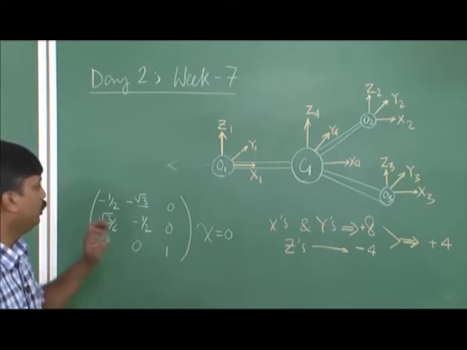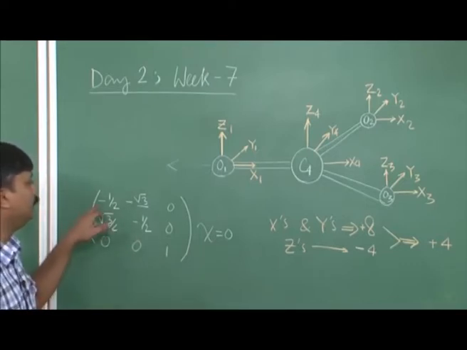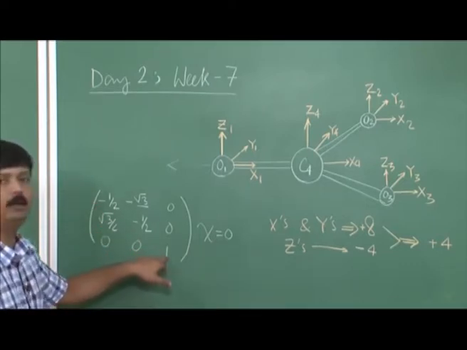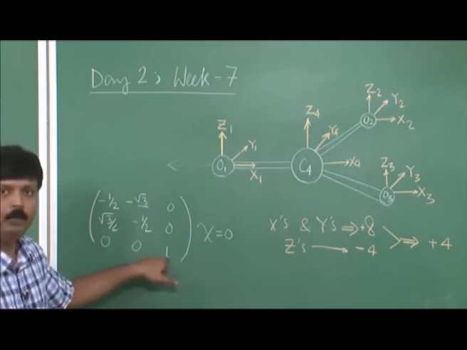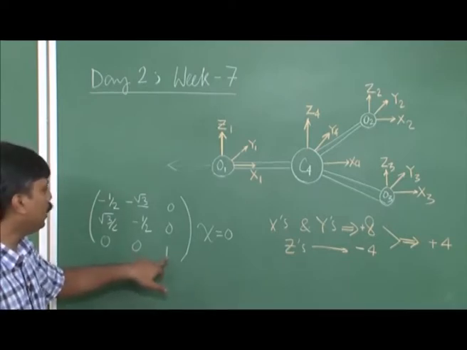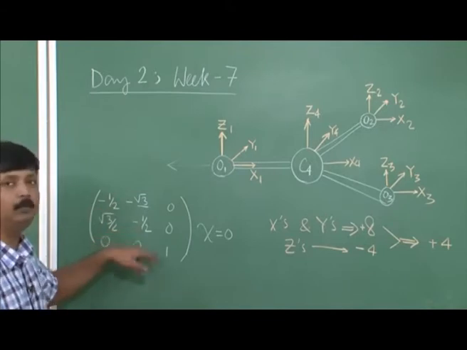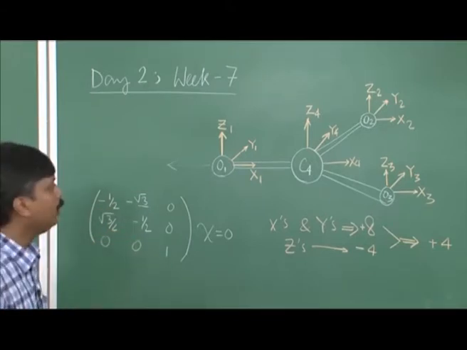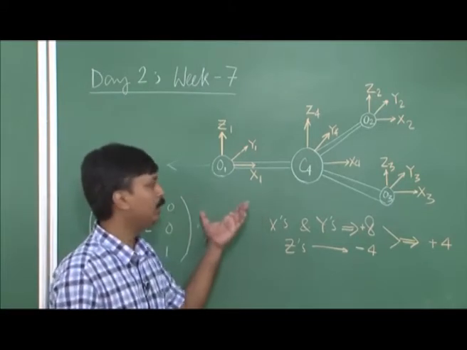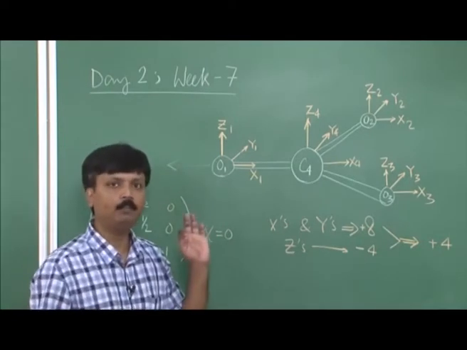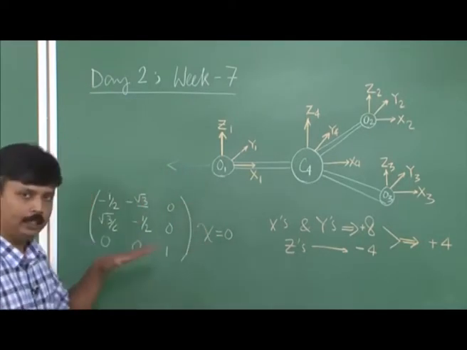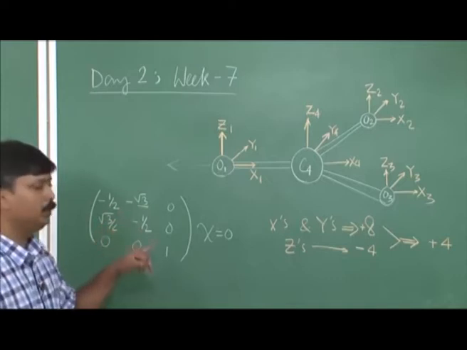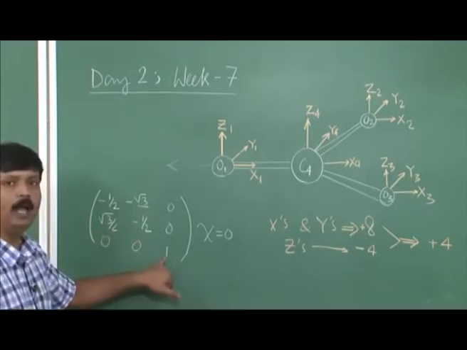Now what happened here, that is this z remained unchanged, therefore it contributed plus 1. So this plus 1 and then minus half, it together becomes 0. Now in case of S3, everything will be same except for the fact that there will be reflection in the xy plane, which will cause this plus 1 to be actually minus 1.